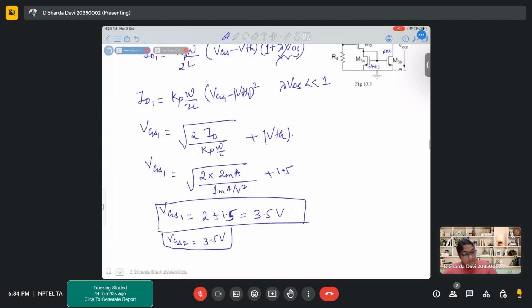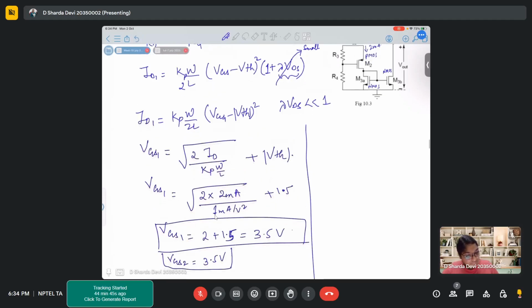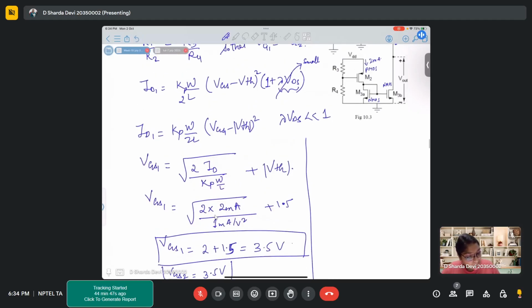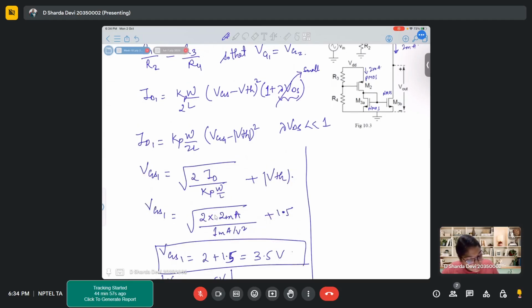Now in this figure, from transistor M2 and M3's perspective, we observe that 2 milliamperes is also flowing through this diode connected NMOS, right?